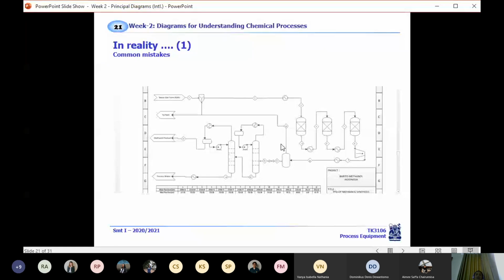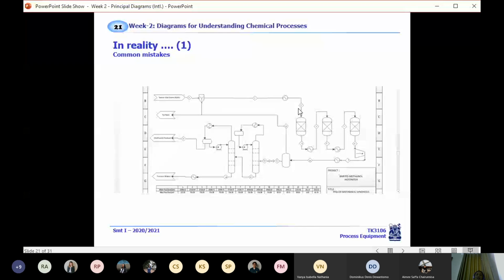The fourth is related to the heat exchanger. Remember that in a PFD, we have to be able to know about the utility, whether we heat with steam or with a fired heater, for example, or cool down with cooling water or an air cooler.